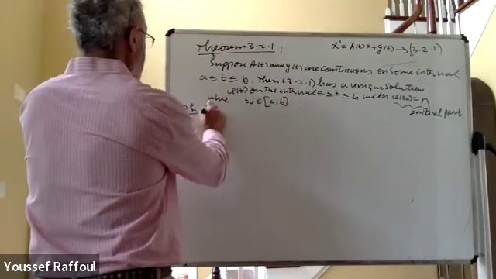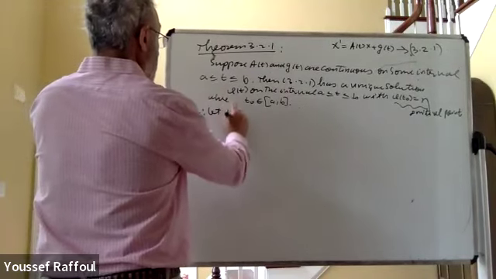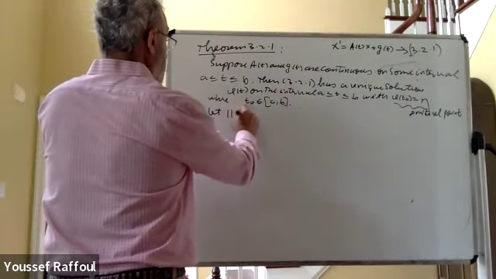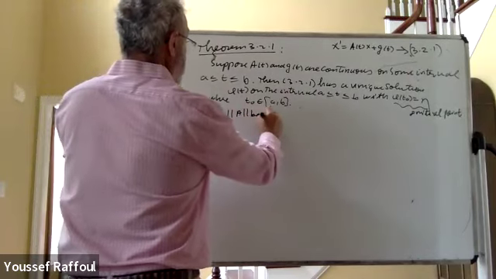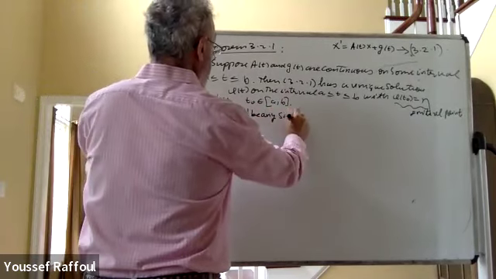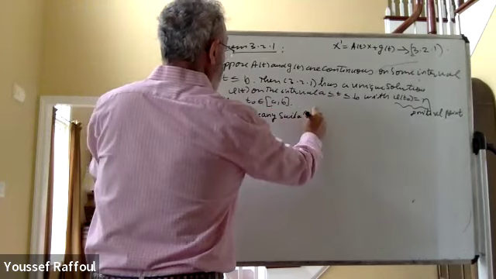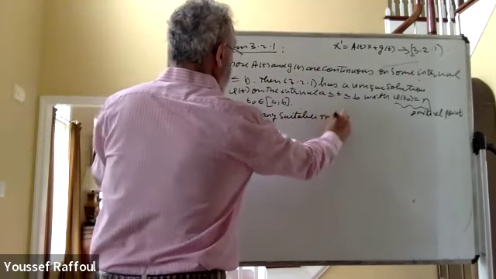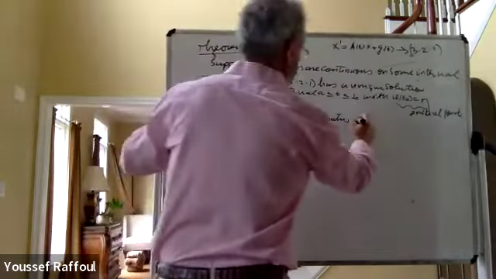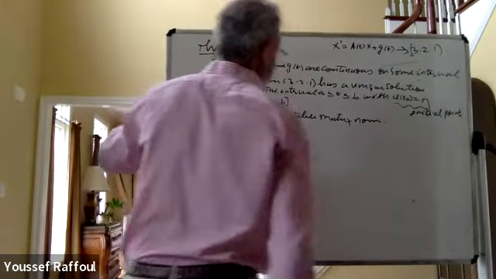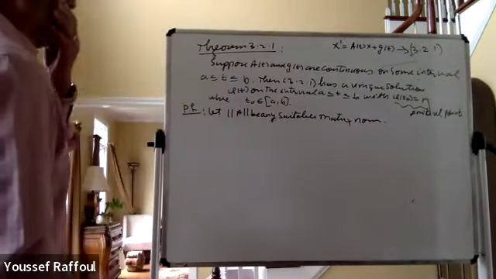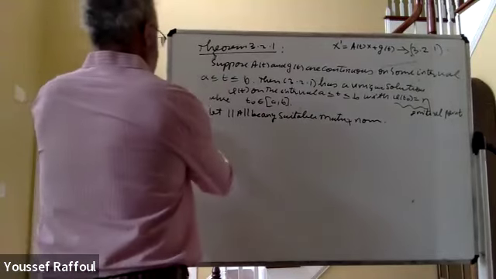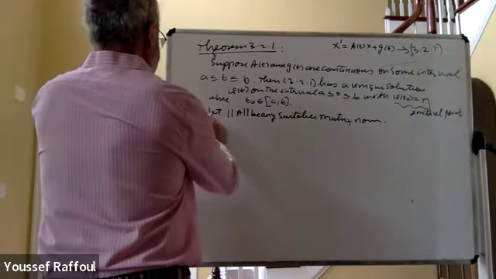Proof. Let the norm of the matrix A be any suitable matrix norm. Let K1 be the absolute value of eta, whatever eta is.